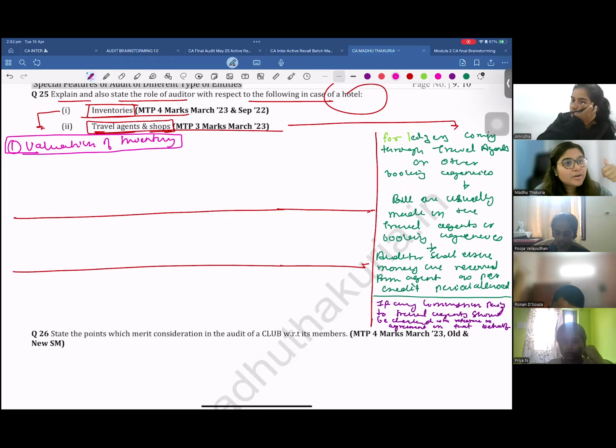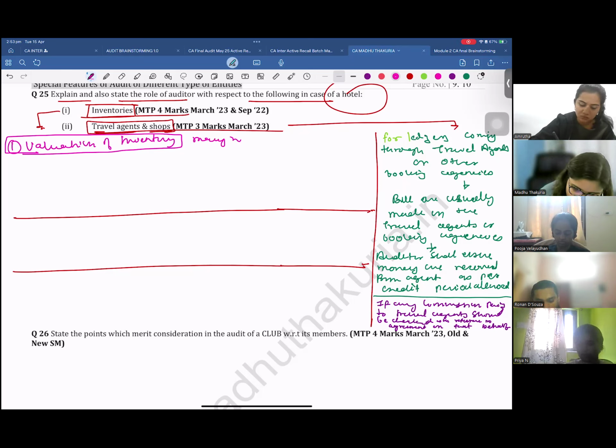They will have the inventory of flours that they have, along with the flours, they will have the inventory of all the veggies, all the curries and all of that, right? So that is the inventory that is yet not consumed by the customer. How are you going to value that inventory in their trading account?